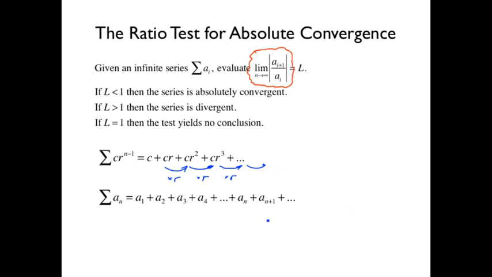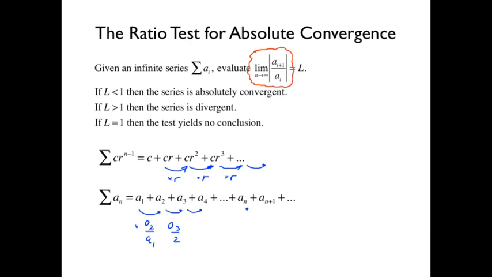So how can we apply that same thing? Let's think about just any series. All we know is that we've got these terms of the sequence. So what do we multiply a1 by to get a2? You multiply by a2 over a1, right? If you multiplied a1 by a2 over a1, that would give you a2. Make sense? And what would you multiply a2 by to get a3? a3 over a2.